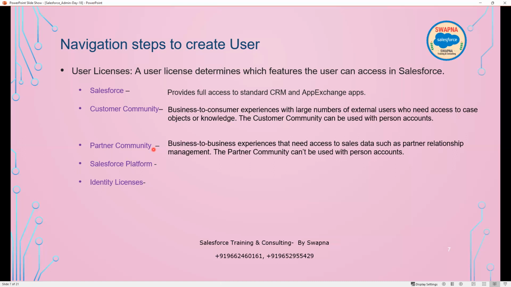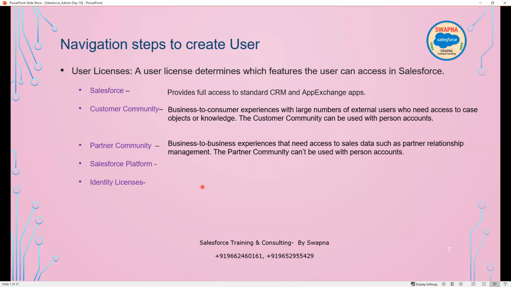So when we have business to business, we will assign the partner community license to the user. It does not depend on any person account. Partner community does not depend on any person account.